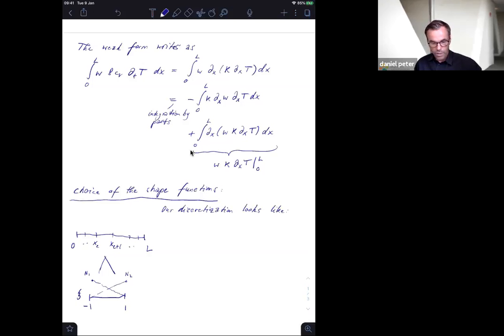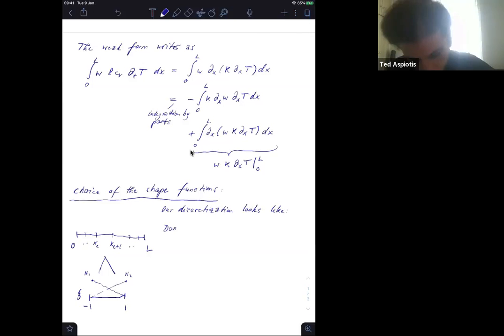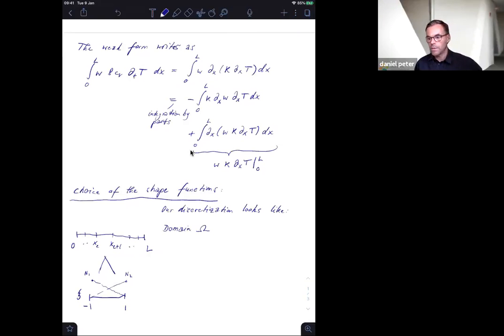We have the domain, say omega, that's the domain from 0 to L, which we are going to discretize into finite elements.